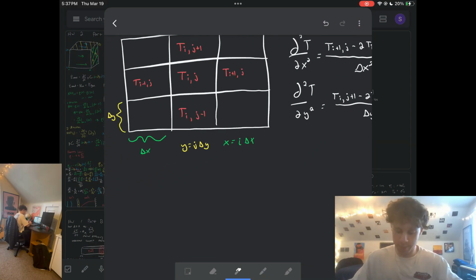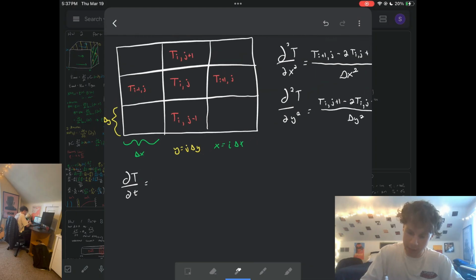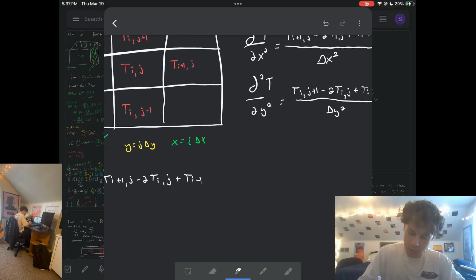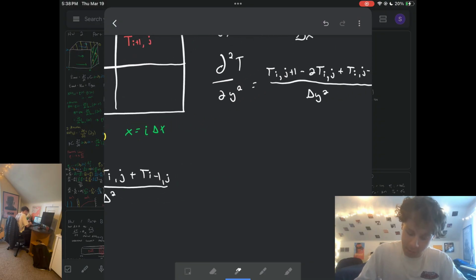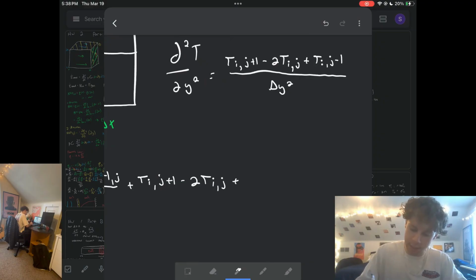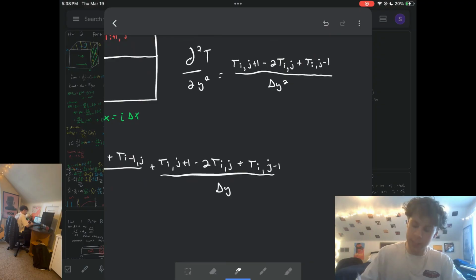So if we add these together, we'll get T i plus 1 j minus 2 times T i j plus T i minus 1 j divided by delta squared, plus T i j plus 1 minus 2 times T i j plus T i j minus 1 divided by delta squared, is equal to 0.